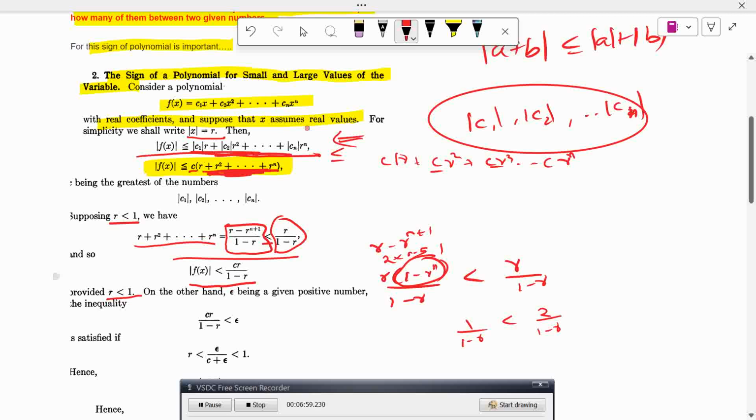Now this is very small because r is much less than 1, so we take this value as less than epsilon, where epsilon is a small positive value. So rearranging this, we can write r less than epsilon by c plus epsilon.